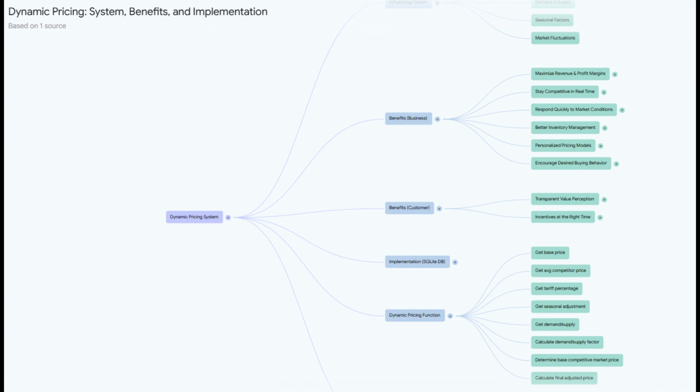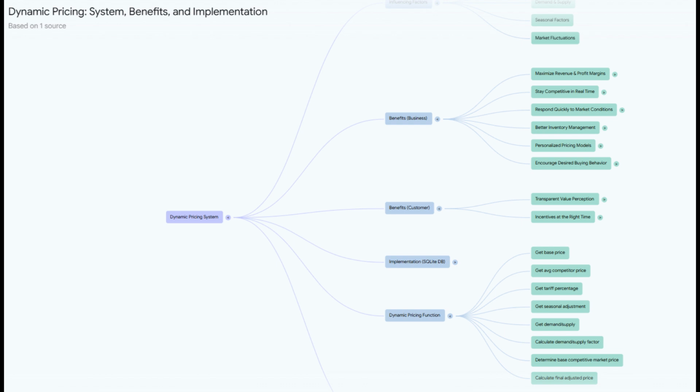Imagine a sudden tariff increase on some key part for a car. Instead of scrambling to update everything by hand, the system can just factor that new cost in seamlessly. Or let's say there's a big surge in demand for a certain part, maybe because of a recall. The system can respond to that in real time. So it's all about being flexible and reacting to those unexpected changes.